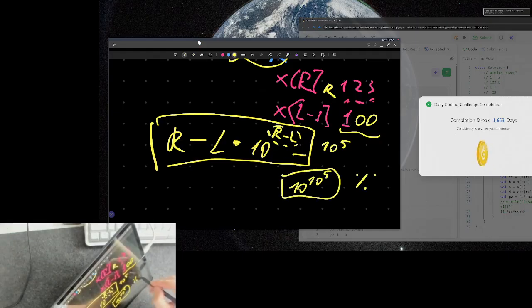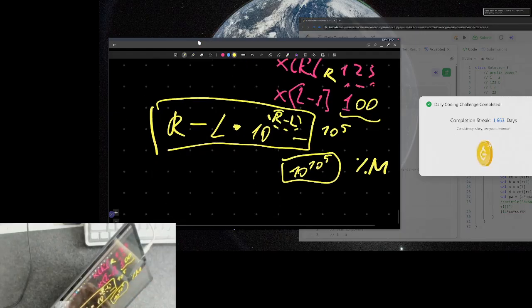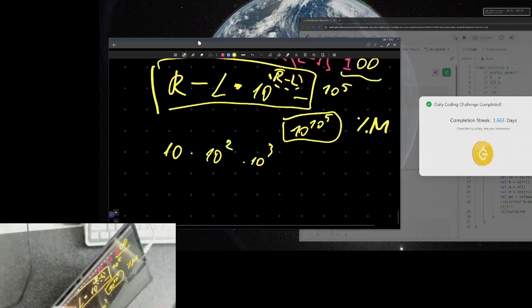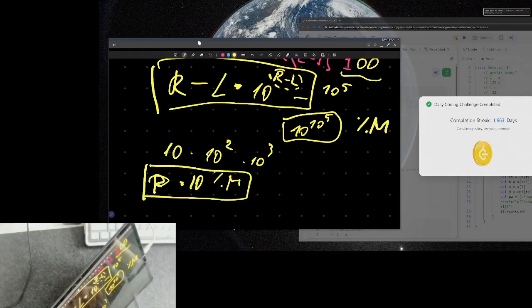We do the modulo operation. The modulo operation can be pre-computed when we have these powers of 10. We can pre-compute this modulo, so each time we do times 10 mod m, and we store it in some powers.